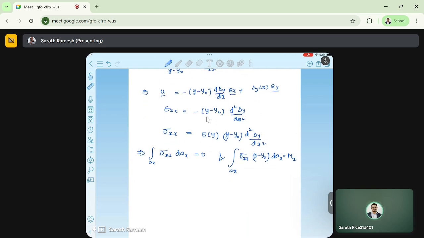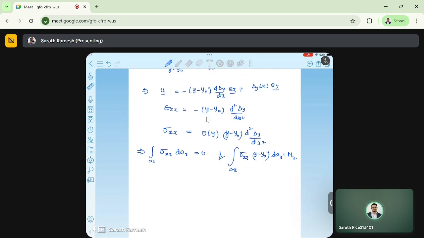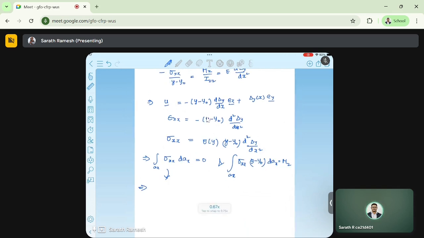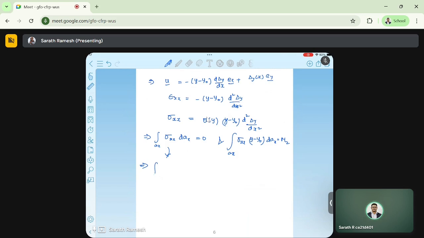So mg. Now when we expand, when we substitute the expression for sigma xx, it will become integral E of y, (y minus y naught) d square delta y by dx square dAx equal to 0.